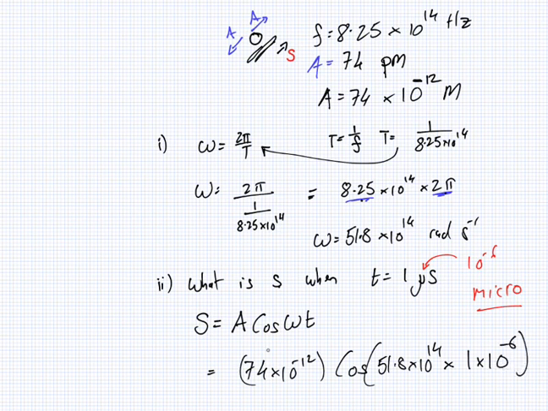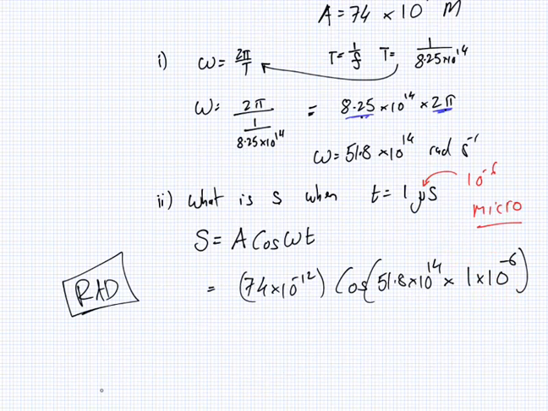KJ, can you type this in, and for goodness sake make sure the calculator is in radian mode. 74 times 10 to the minus 12, cos 51.8 times 10 to the 14, times 1 times 10 to the minus 6.